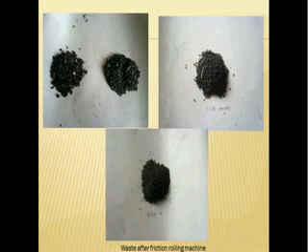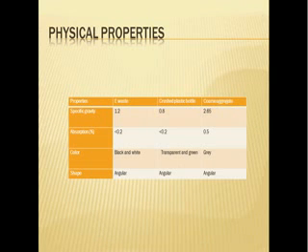We sieved the mixture, and we got a grinding capacity up to 600 micron. We tested the physical properties like the specific gravity and the absorption. The specific gravity was found to be very low for the crushed plastic bottles, and the absorption was very low in the case of e-waste and the crushed bottle waste.